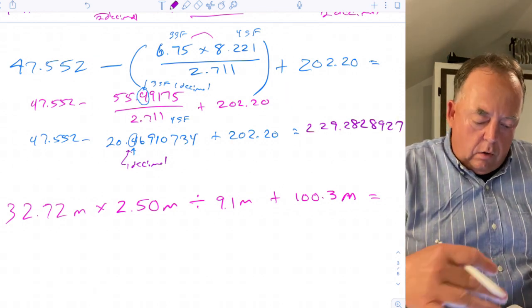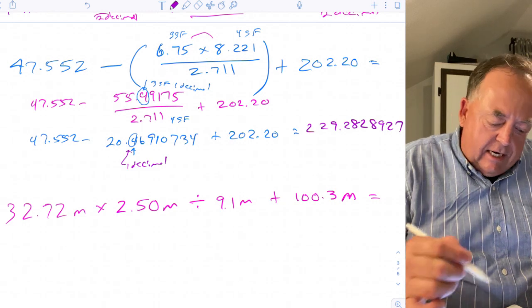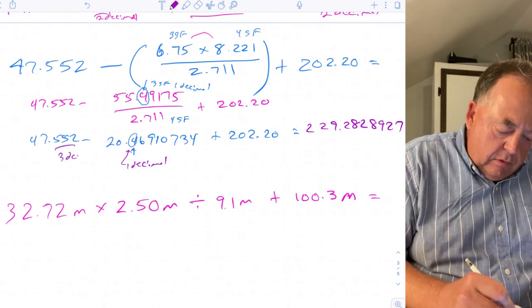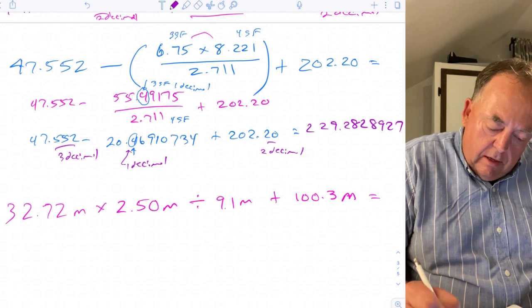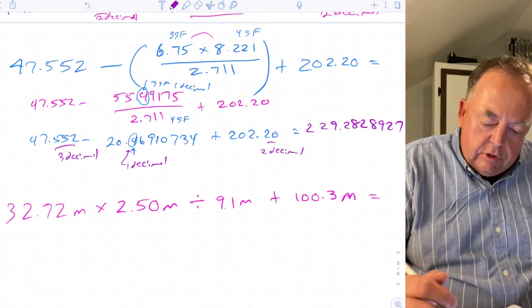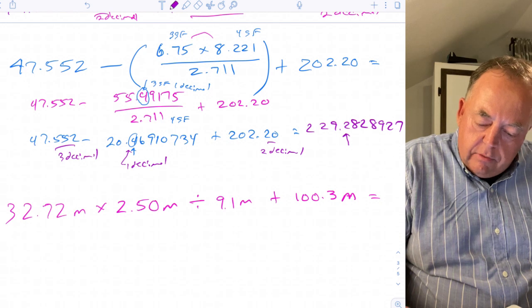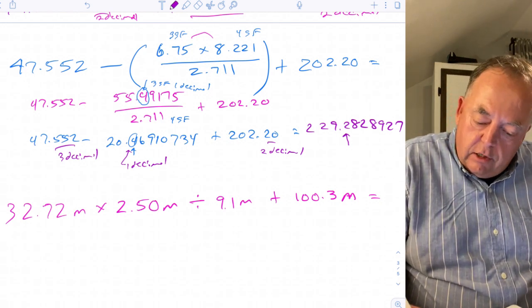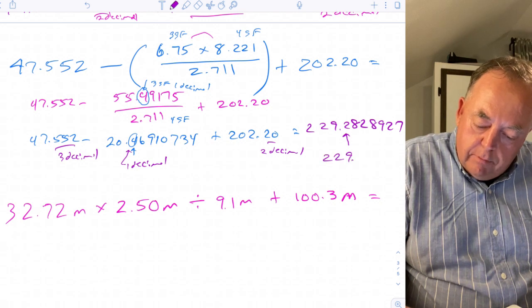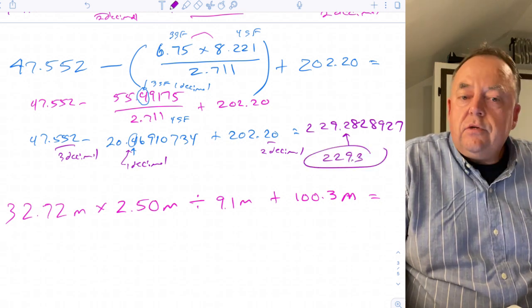Okay, so now all we did is add and subtract, so what matters is decimal places. So this has 3 decimals, this has 2 decimals, and the middle number has 1 decimal, so your answer has 1 decimal, so the last number that counts is that 2, 1 decimal point. The next number is 5 or greater, so we have to round up, so 229.3 would be your answer there, right?